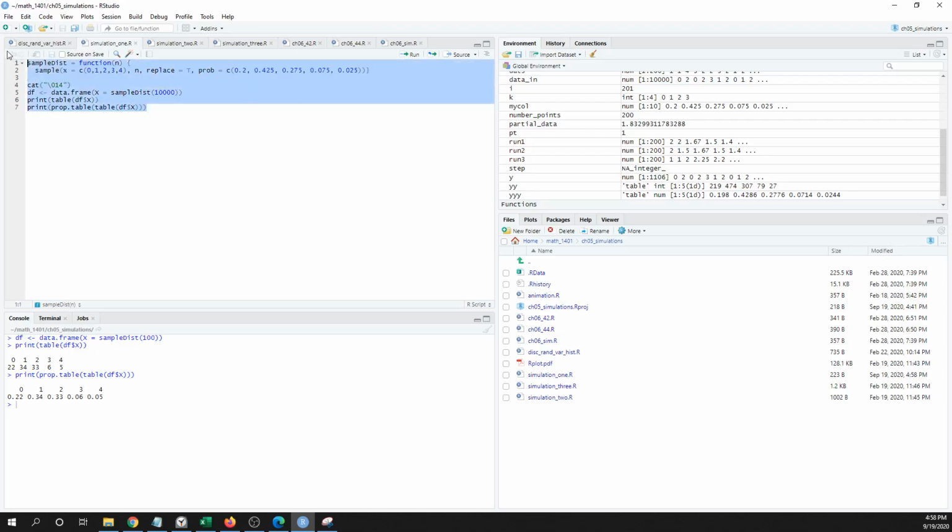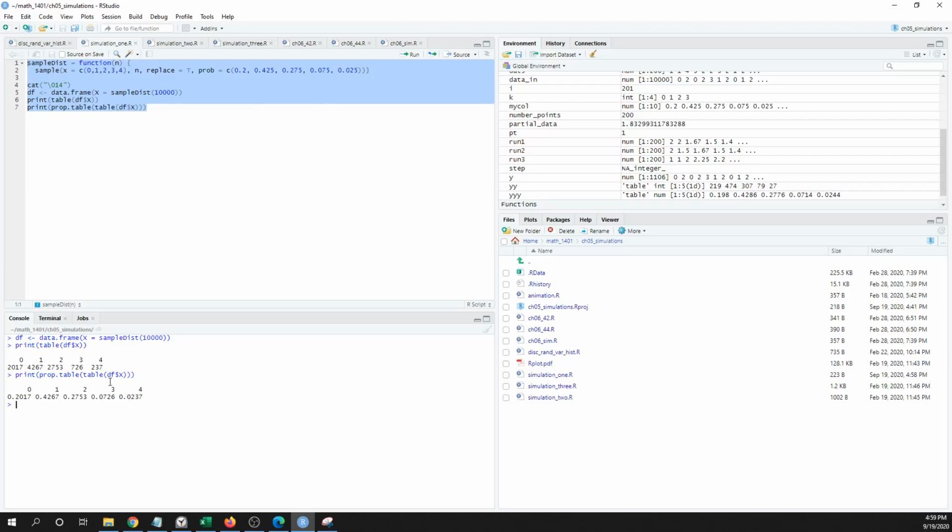So if I run this, you can see that the numbers that I'm getting are pretty darn close. 0.2017 is very close to 0.2. 0.04267 is pretty close to 0.425. 0.2753, 0.275. 0.0726, you can see those are pretty close.